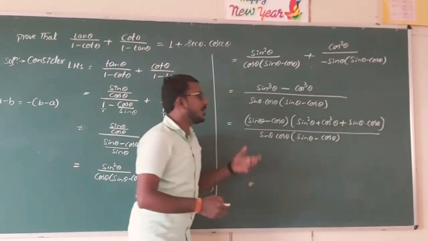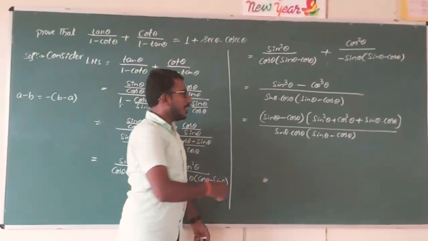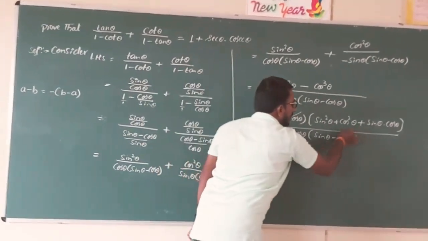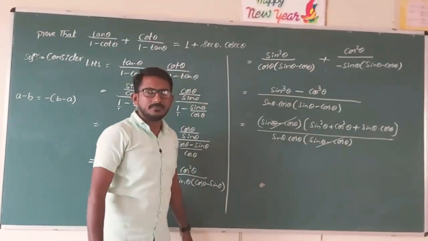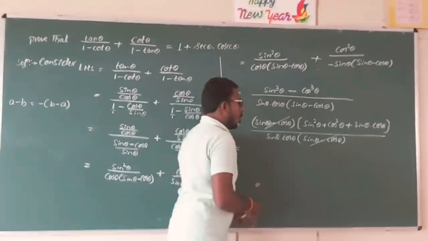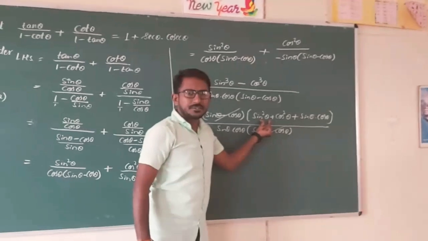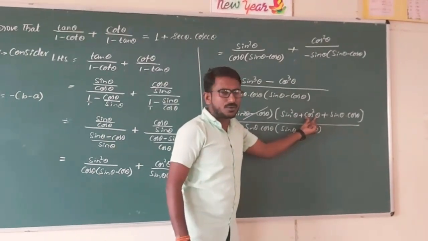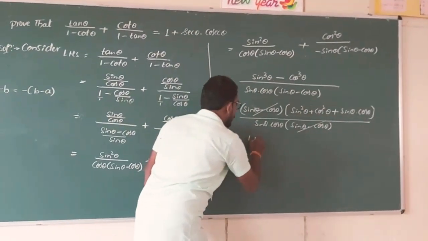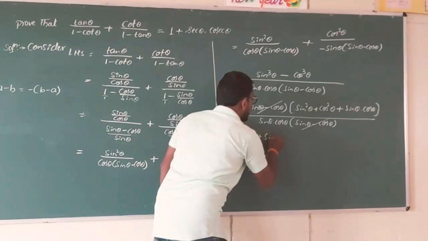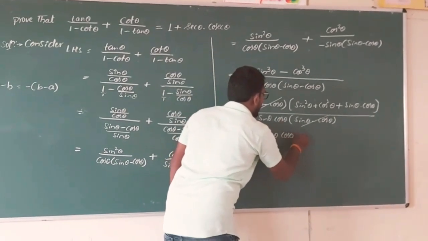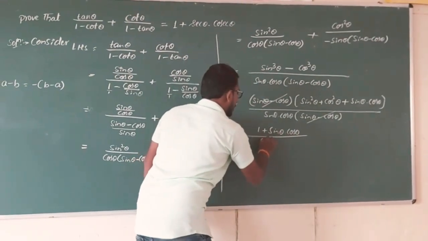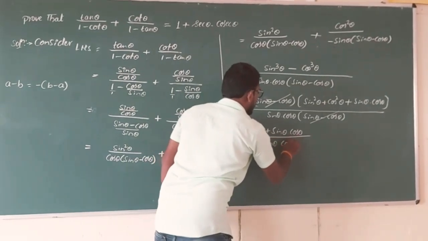By observing the numerator and denominator, here we can cancel sin theta minus cos theta and sin theta minus cos theta. Then already we know the identity, sin square theta plus cos square theta is equal to 1. So I will write this as 1 plus sin theta into cos theta divided by sin theta into cos theta.